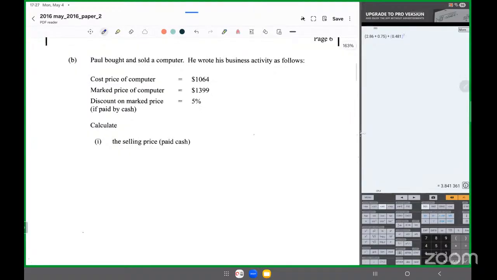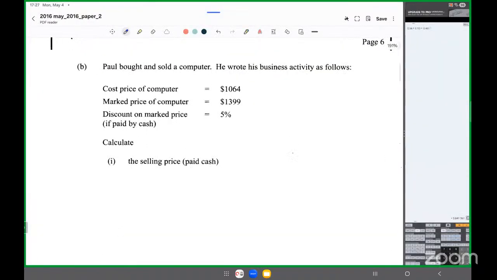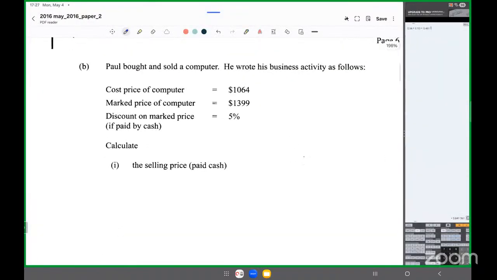Next question. This question says, Paul bought and sold a computer. There's some consumer arithmetic. He wrote his business activity as follows. So the cost price for the computer is this. That's the amount he paid for it, $1,064. The marked price of the computer is this.